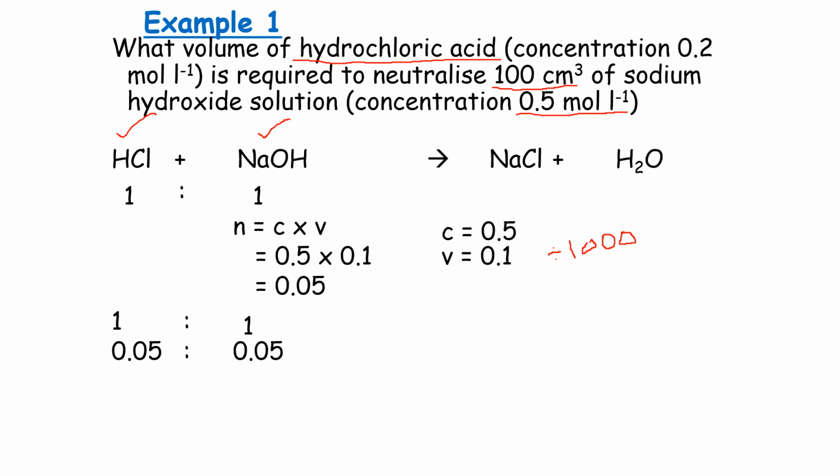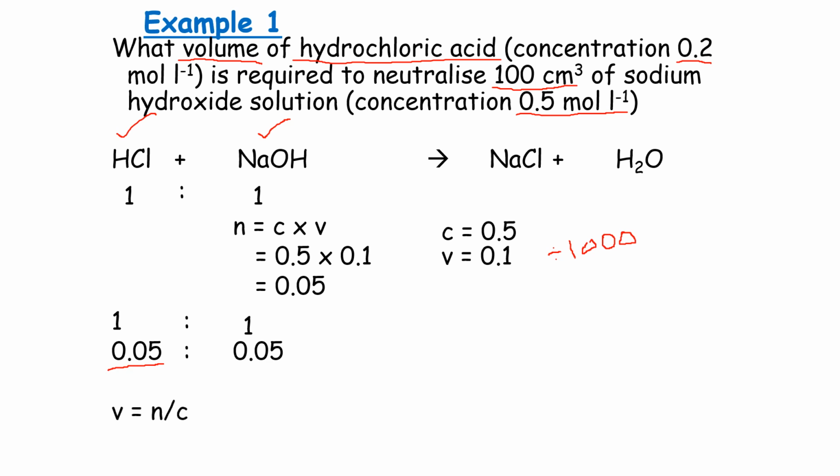This has now given us a second piece of information about hydrochloric acid. We know the concentration is 0.2. We now know the number of moles is 0.05. So I can use the NCV triangle again, but this time it's asking us to calculate what volume of hydrochloric acid.